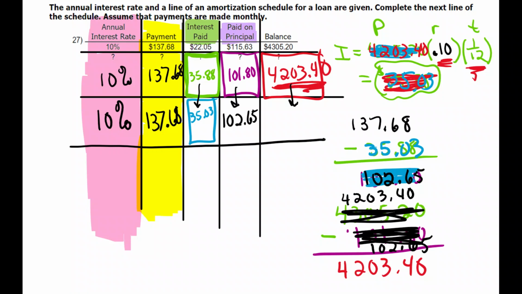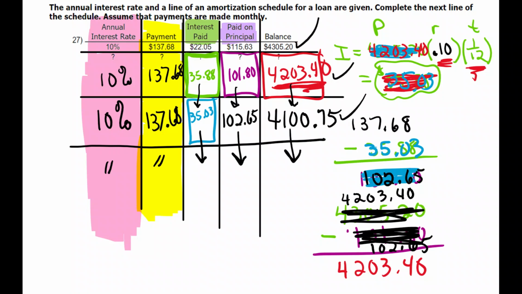So it's kind of messy, sorry. And so my new balance will be 4,100.75. So you can see, first it was 4305, now it's 4203, now it's 4,100. It's going to keep going down, but this will stay the same, this will stay the same, this should go down, this should go up, and this should go down.